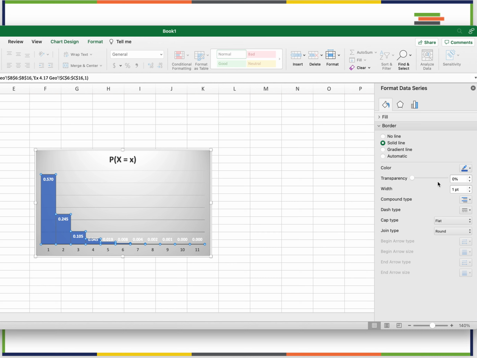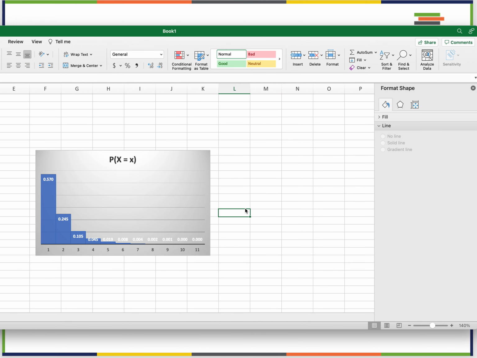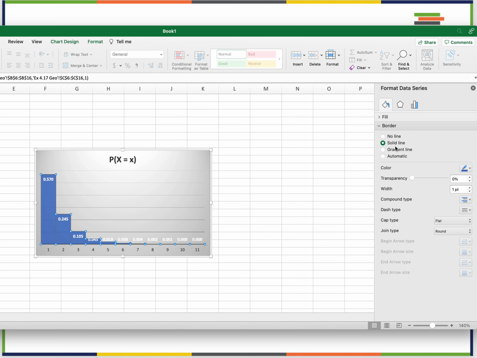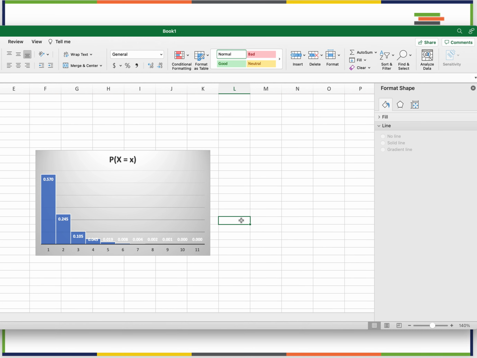Transparency. I want 0 transparency. And yeah, that should work. I don't know why it's not making my borders white. I want solid line, it's making it blue. I want it white. There we go. And I have it now.